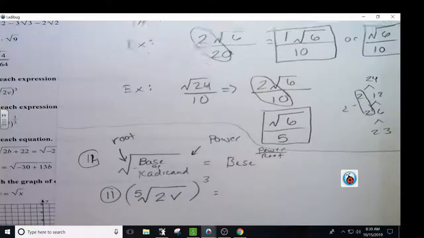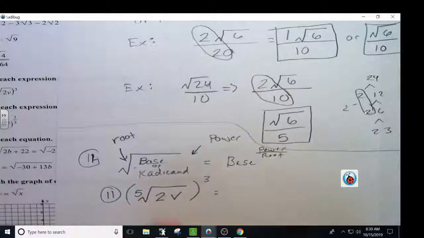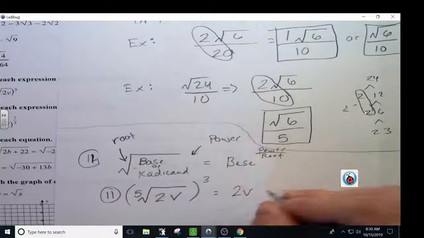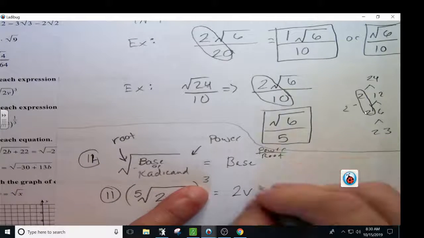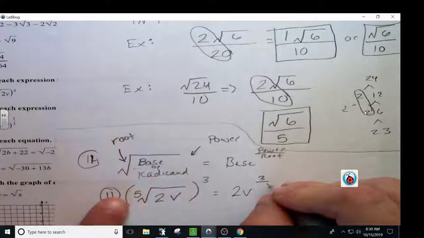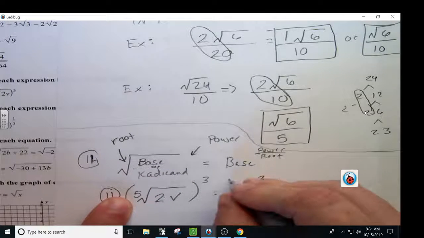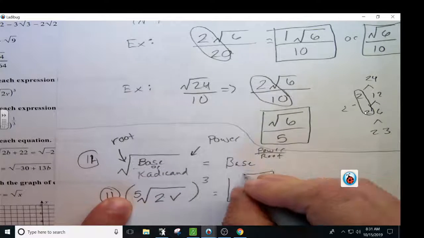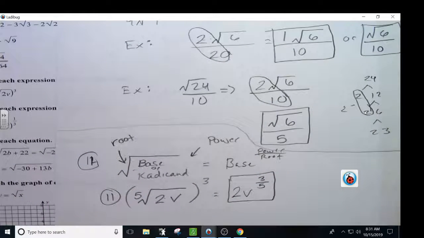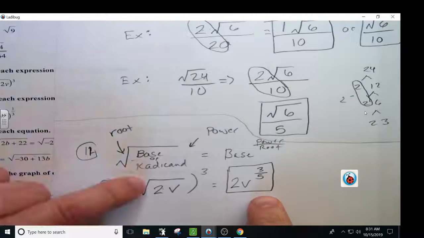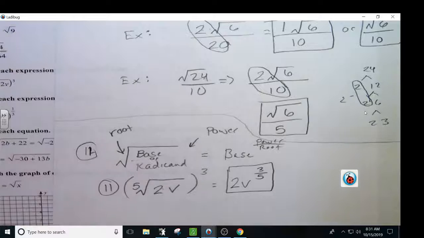So, guys, here's my base, so 2v. My power's 3. My root is 5. So, guys, basically, you're not really doing any math. You're just writing it in a different form. That's all you're doing.